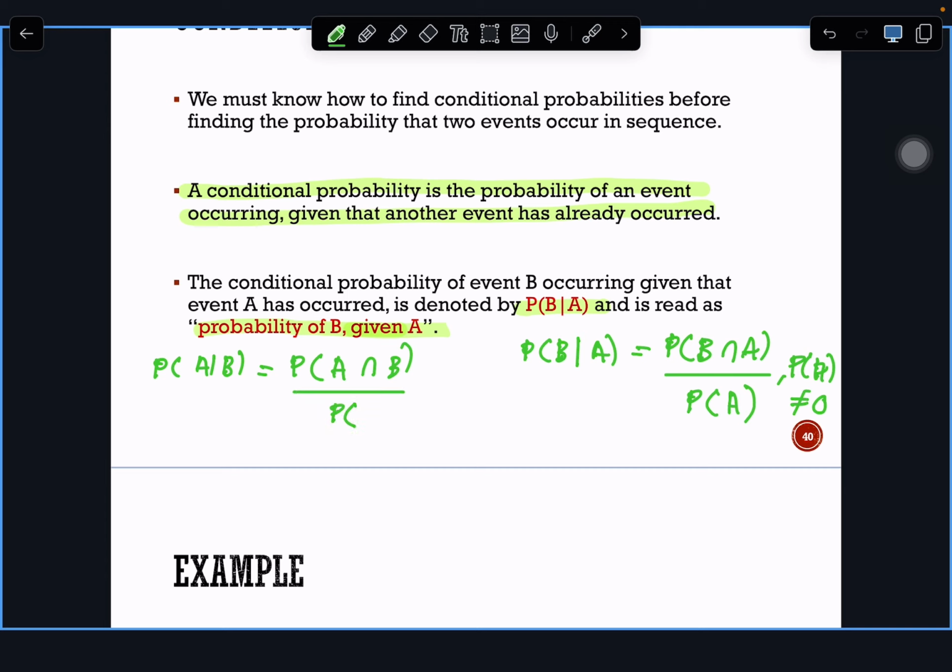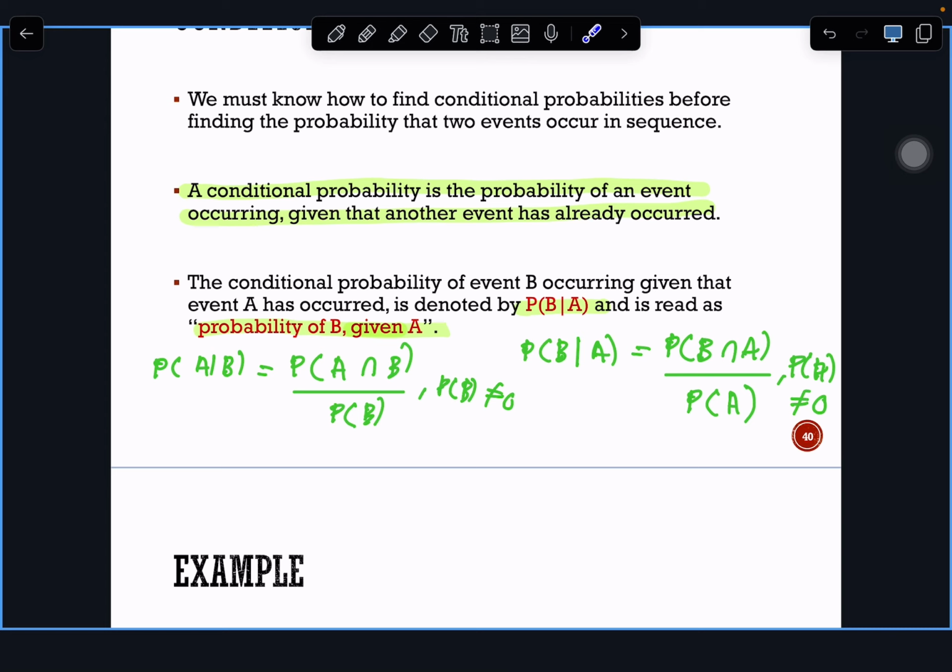The condition is P(B) does not equal 0. The important thing here is that this is the condition on A, given A, so we should divide by that condition. For P(A|B), the condition is on B or A? B. That's why we divide by P(B). You need this formula.